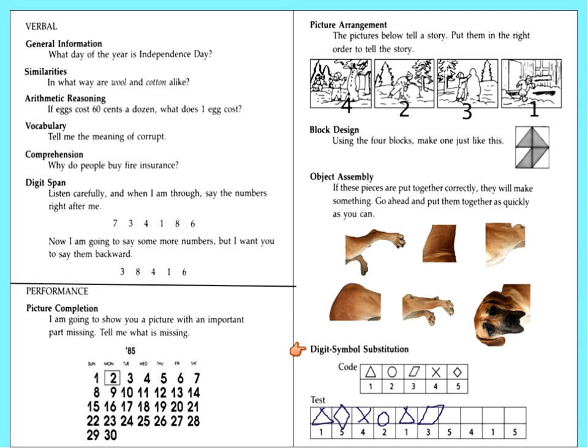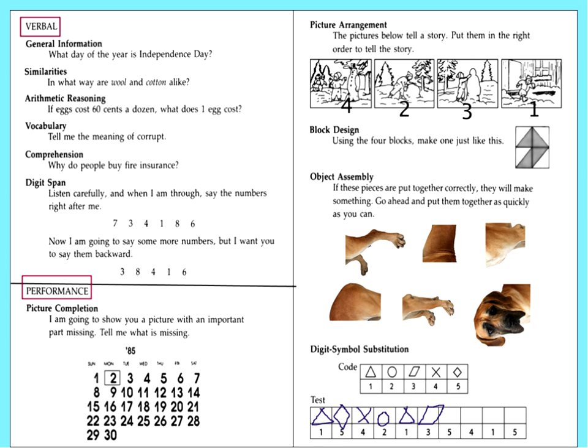Any questions or reactions to that? Looks pretty broad, right? There's a whole bunch of different things here. It's not just about math. It's not just about vocabulary. It's not just about nonverbal reasoning. Again, it's comprised of both these verbal subtests on the upper left and then the performance subtests beginning on the lower left and continuing on the right side of the slide as well.